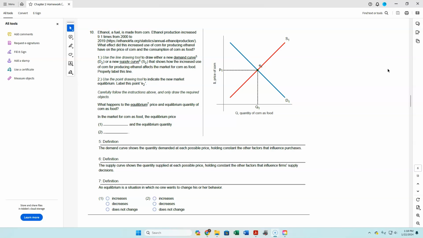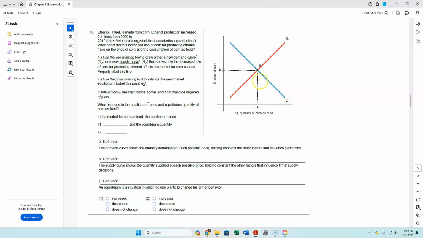Okay, number 10 deals with this issue of ethanol, and it's both an input for making fuel, as well as something that's eaten. In this case, what's going to happen to the price of corn and the consumption of corn if more corn is being used to make ethanol?